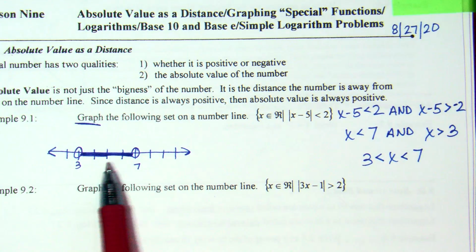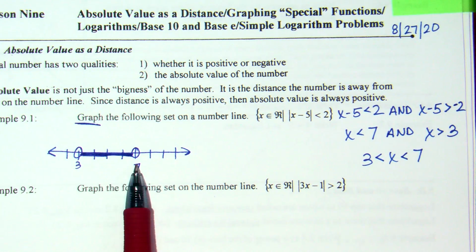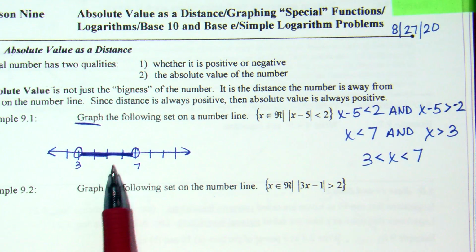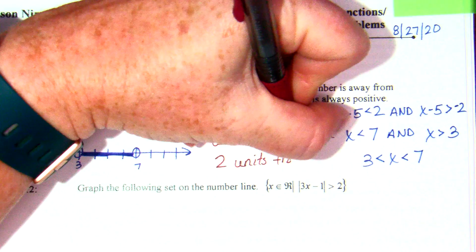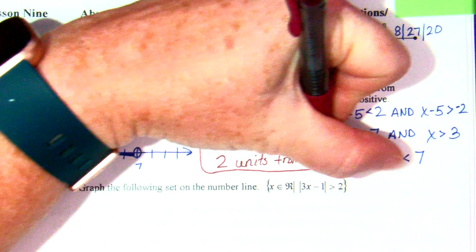So this 5 represents the midpoint, and then those outer points are how far away? 2 away. And so we've shaded everything that is less than 2 units from 5. So if I put this in words, what this graph expresses, or this absolute value expresses, is all numbers less than 2 units from 5.